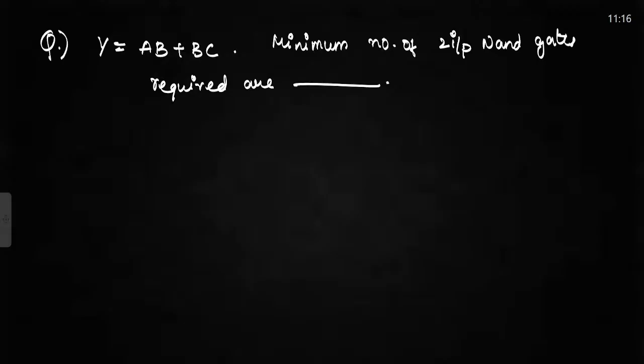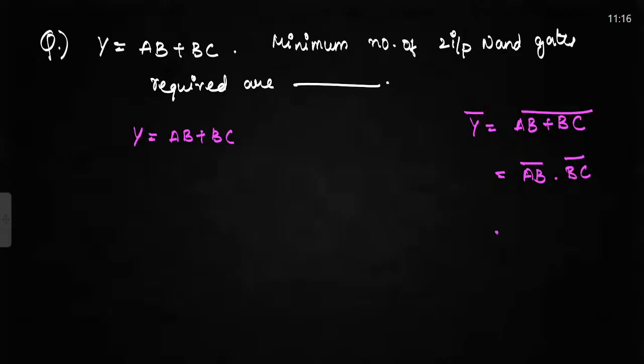Whenever you are given y is equal to a function like this, first try to do its complement. Now let us find the complement of this one. AB plus BC whole bar, right? So that will become AB bar and BC bar. Now we will convert it and take the complement.